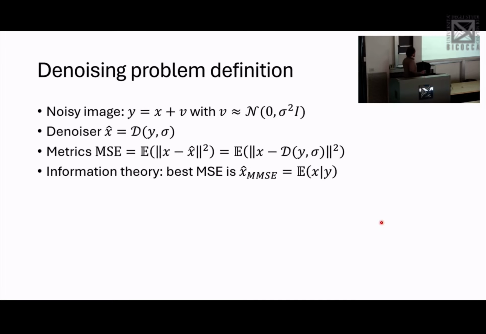So let's go back to the beginning and let's define our denoising problem. We have a noisy image, which we will approximate in this case, which can be generalized quite a lot, as an image corrupted by random independent noise with a normal distribution and uniform level of noise in all the image.